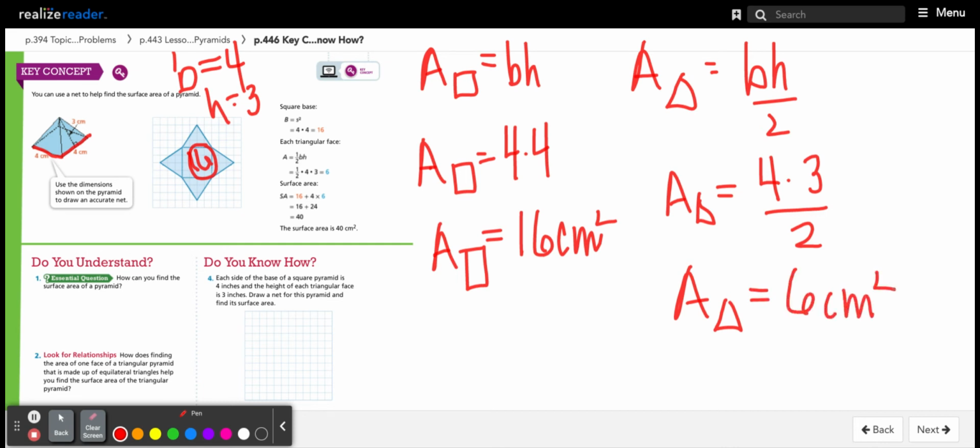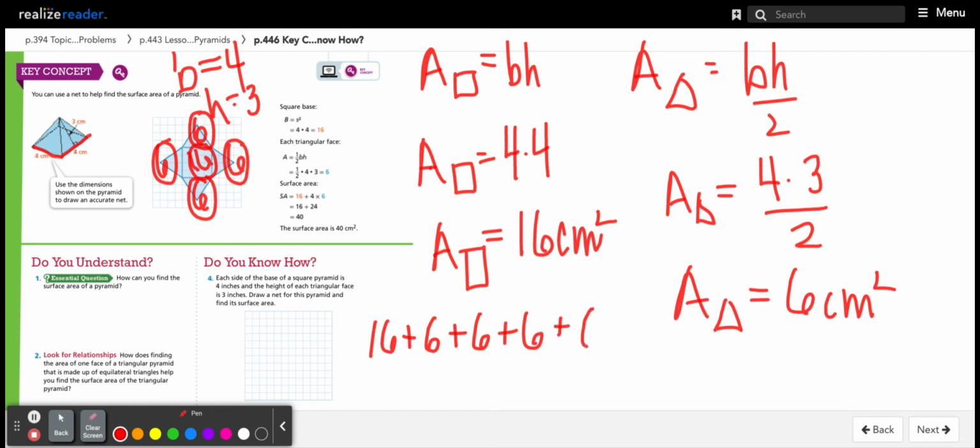So we have 16 as the area of the square, and then we have 6 as the area of the triangle. So I have 16 plus 6 plus 6 plus 6 plus 6, right? Which is the same thing as saying, oh, well, that's going to be 6 times 4, and then add your 16.